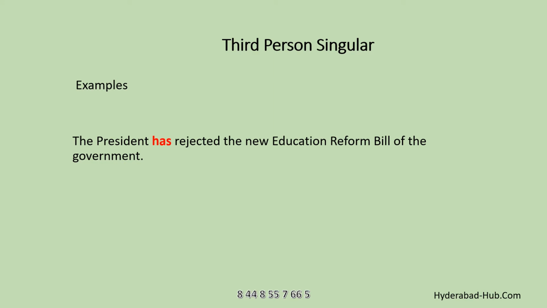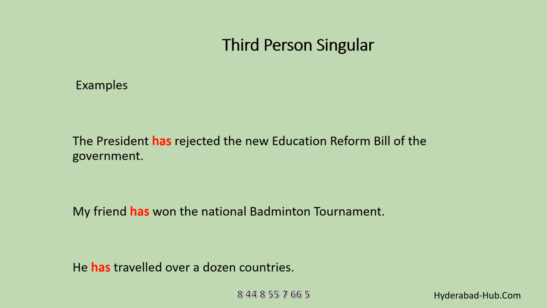Please look at the example. The president has rejected the new education reform bill of the government. My friend has won the national badminton tournament. He has traveled over a dozen countries.